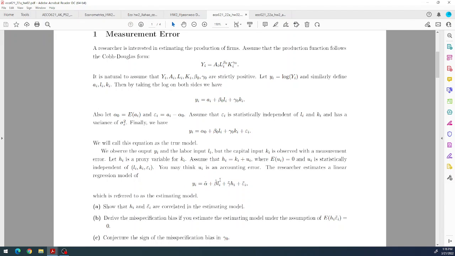We are just estimating this because this is what we have, but we are not sure if this makes sense or if it satisfies the classical linear regression assumptions. So the fundamental structure of this model is again this and this. Alpha tilde, beta tilde are something that we do not know. We hope beta tilde equals beta 0 and gamma tilde equals gamma 0. That is what we need to show.